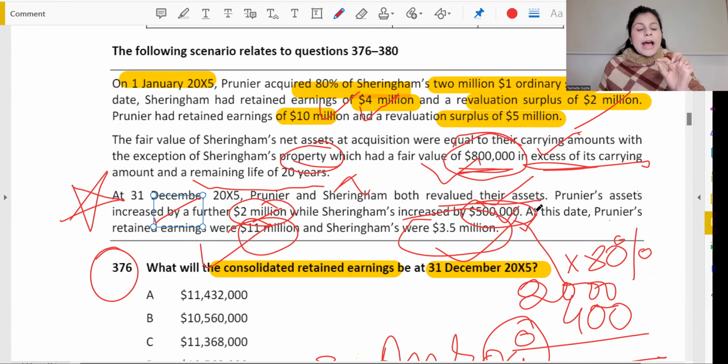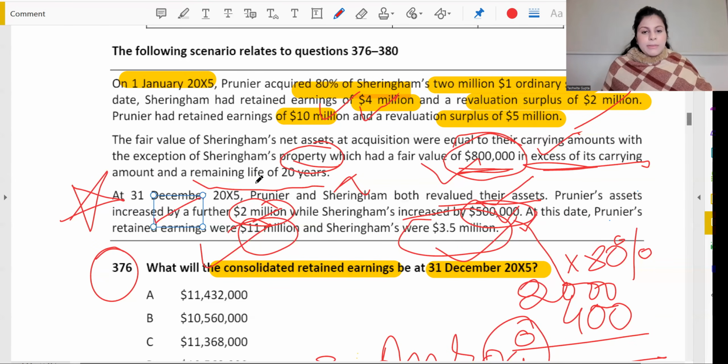Parent will only have 80% share in that 5 lakh. That's why we only have 400 with us. 2000 was of the parent, so 2000 plus 400 is 2400. Do we understand this? Do we understand what's going into OCI?